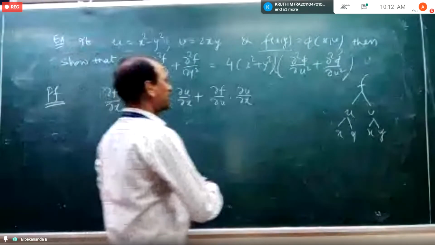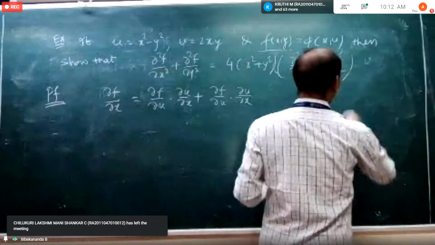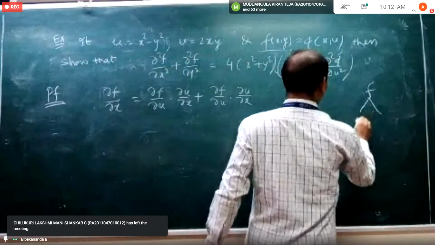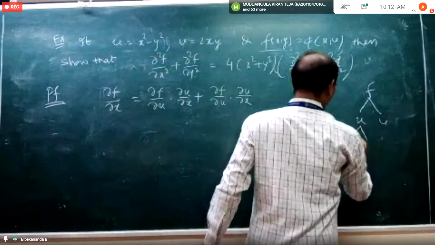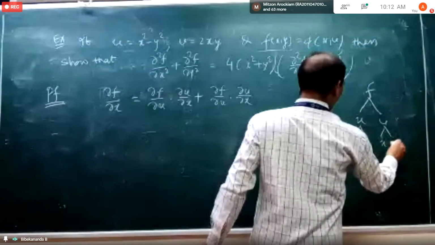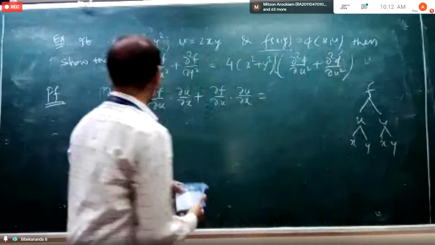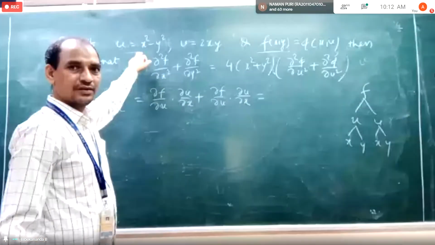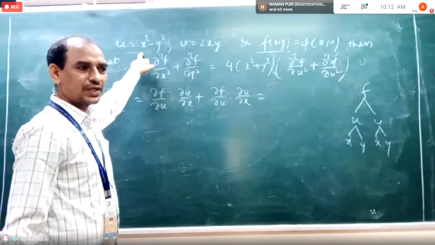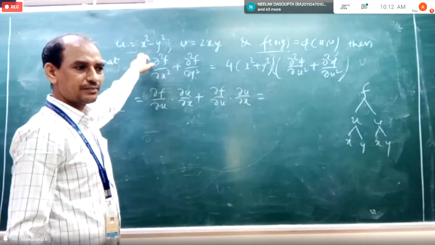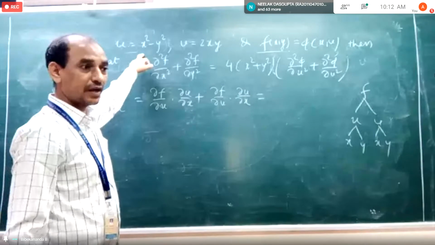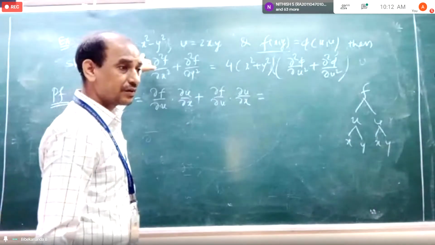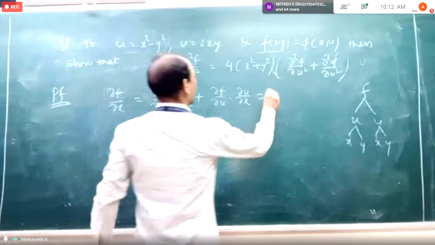But you know what is the value of this one? Okay, let it be there so that you can easily tell me. Now what will be the value of dou u by dou x from here? 2x. Sir, 2x.